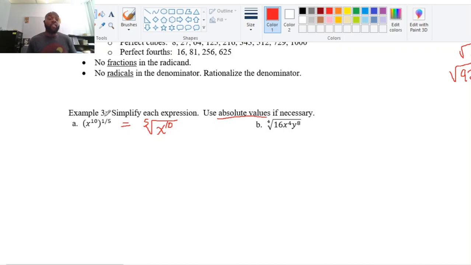Now, if you look at this, this looks like a power of a power rule, right? Where I can multiply that 10 by that 1/5, and I get x squared, right? 10 times 1/5 is 2, so I get x squared. All right, now had this index been even, I could potentially have to use absolute values.